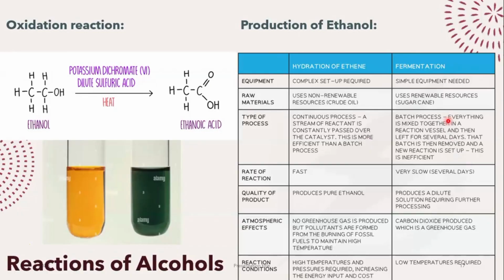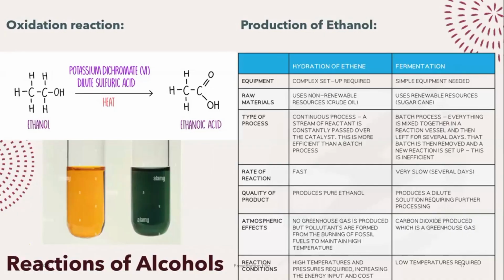Both have their own advantages and disadvantages. For example, we can use hydration of ethene, but ethene is a non-renewable resource. Where do we get ethene from? We get it from our crude oil, right?